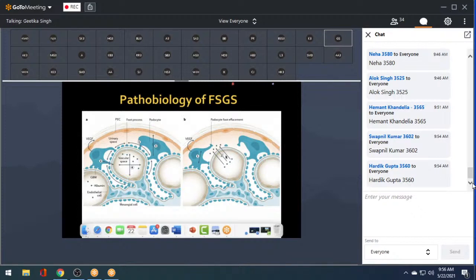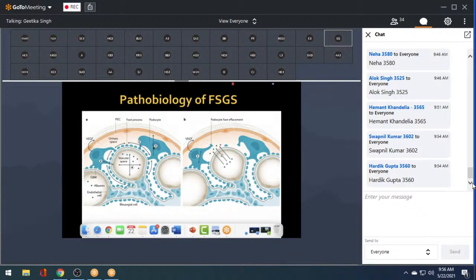This happens in a very different way than the primary FSGS that I've spoken to you about up till now, which you see in children. It is not a sudden hit with massive proteinuria like I talked about in the primary podocytopathy. It's a very slow, adaptive process; slowly the glomeruli are becoming bigger. Very slowly, the podocytes are unable to deal with the glomerulomegaly.